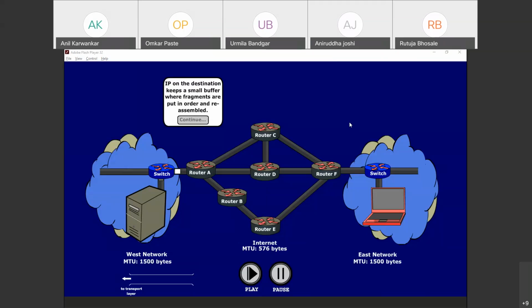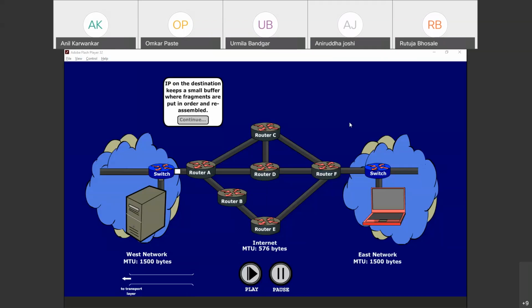Now what happens if the size of the packet is not sufficient to reach the MTU, say only 100 bytes is to be transferred and the maximum transfer unit for the internet is 576 bytes? Since the size of the packet is less, that will be immediately delivered towards the destination.